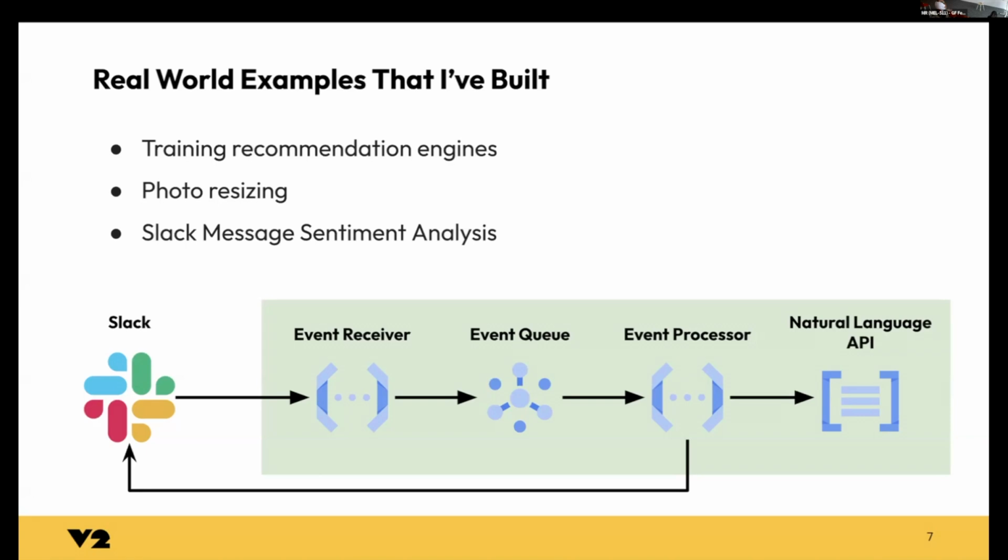Shout out to them. Basically, a Slack message would come in and trigger a function which would respond to Slack, because they had a 2-second response time requirement.